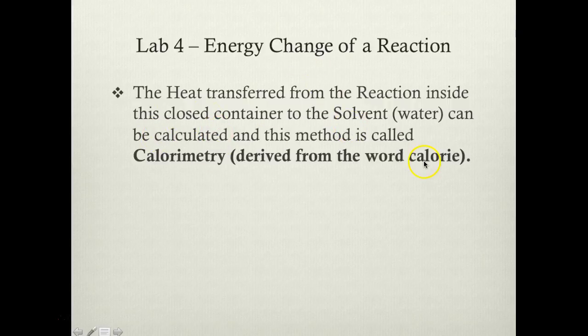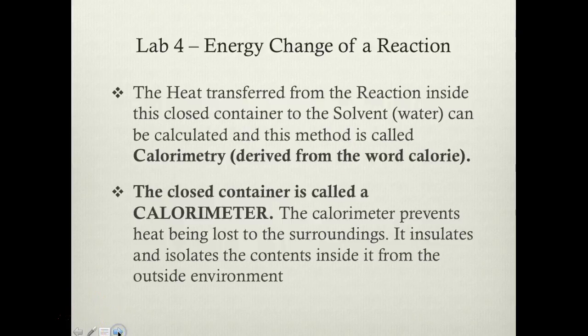And calorimetry is derived from the word calorie, and we all know that we associate calorie as the energy associated with food, all right? So when we digest or we eat food, the energy released is in terms of calories, and that is also a type of heat energy.